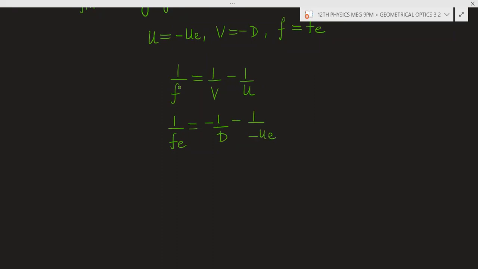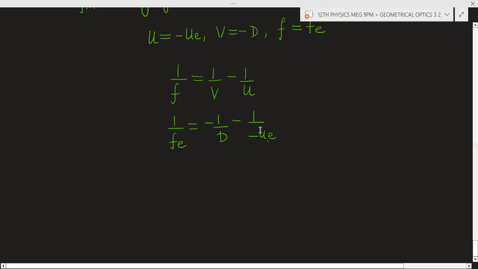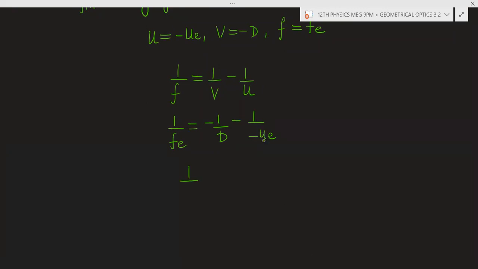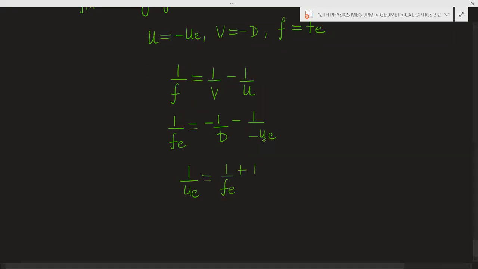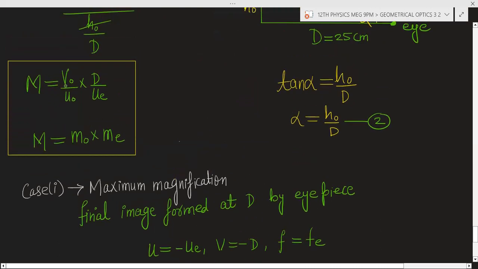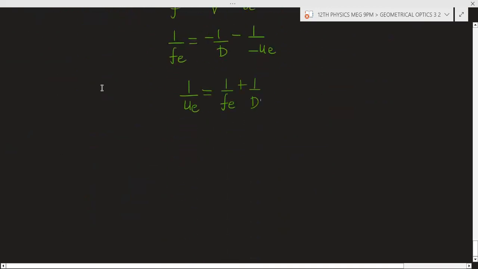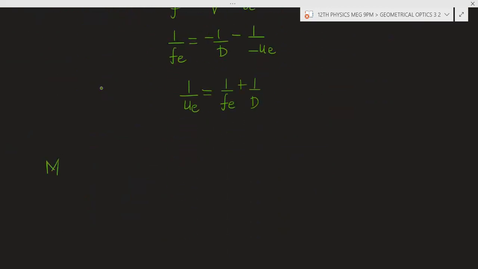From here you will get plus 1 upon ue, that will be equal to 1 upon fe plus 1 upon D. Now the magnification of the microscope is V naught by U naught multiplied by D by ue.